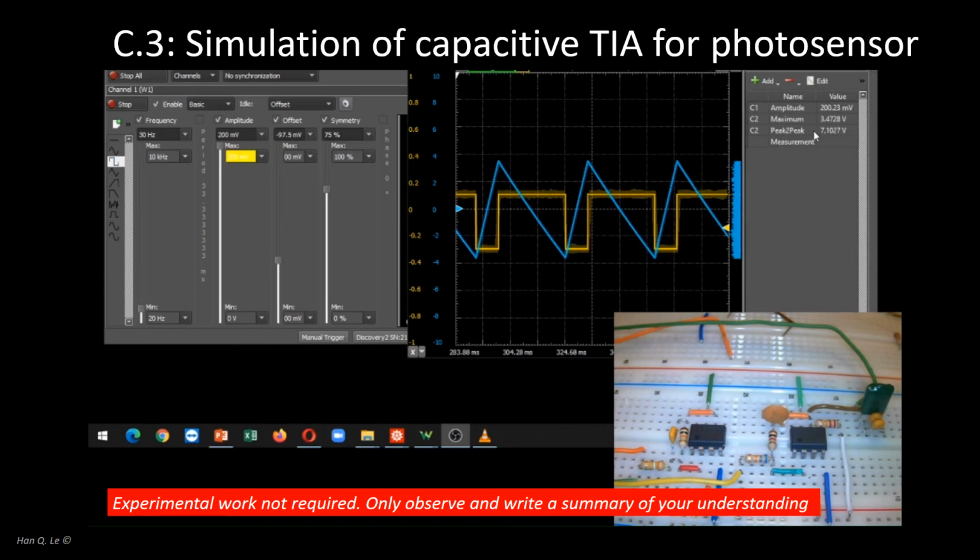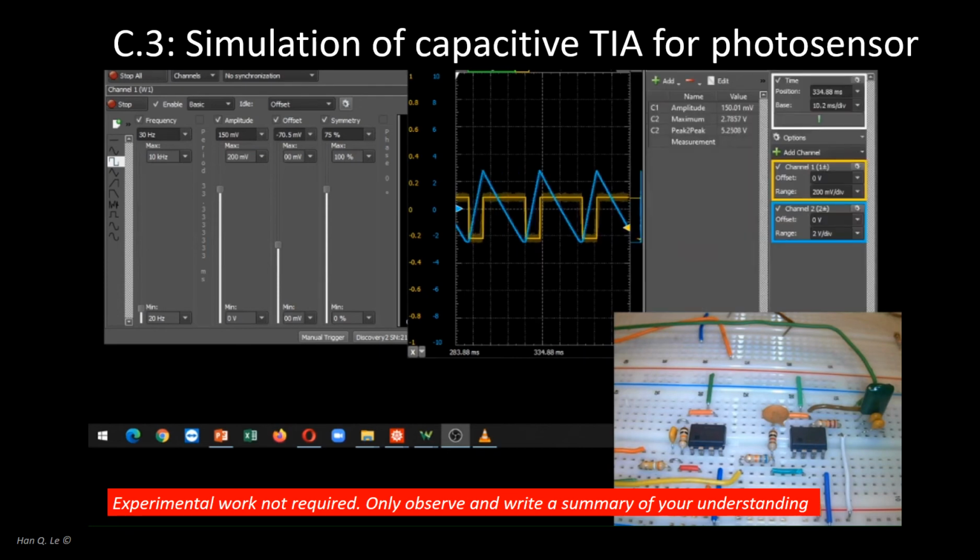The peak-to-peak output is 7.06 volt. The input amplitude is 150 mV. The output signal is 5.24 volt.